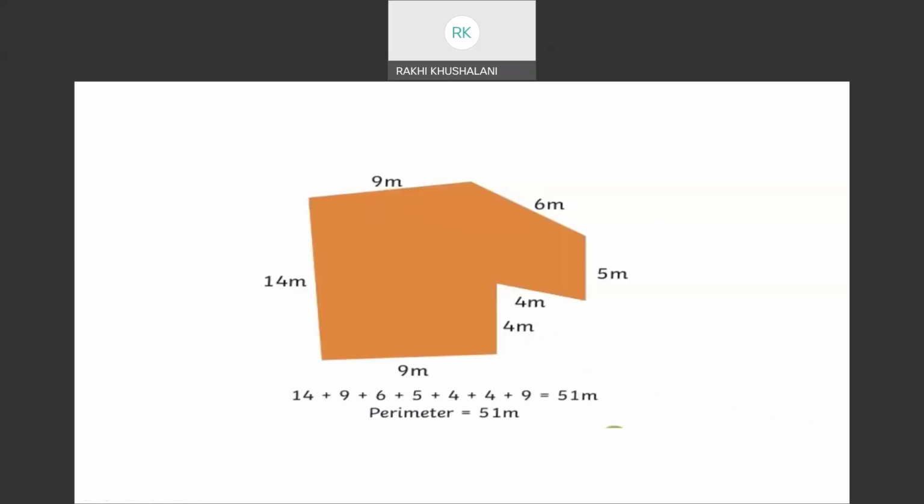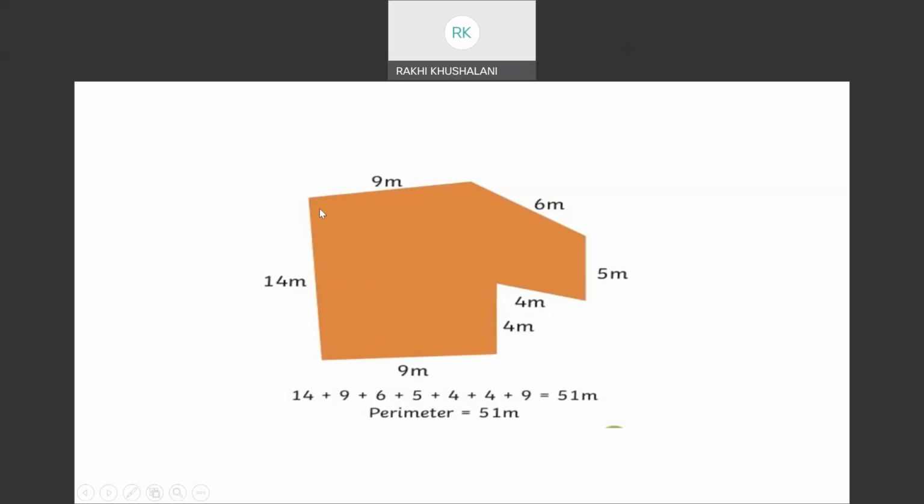Now you have a very different shape here, but yes, whatever the shape is, it is made up of straight line segments, and the measure of each side is given. One is 5, one is 6, one is 9, one is 14, one is 9, another one is 4, 4. So no problem. We are going to pick up all the edges.